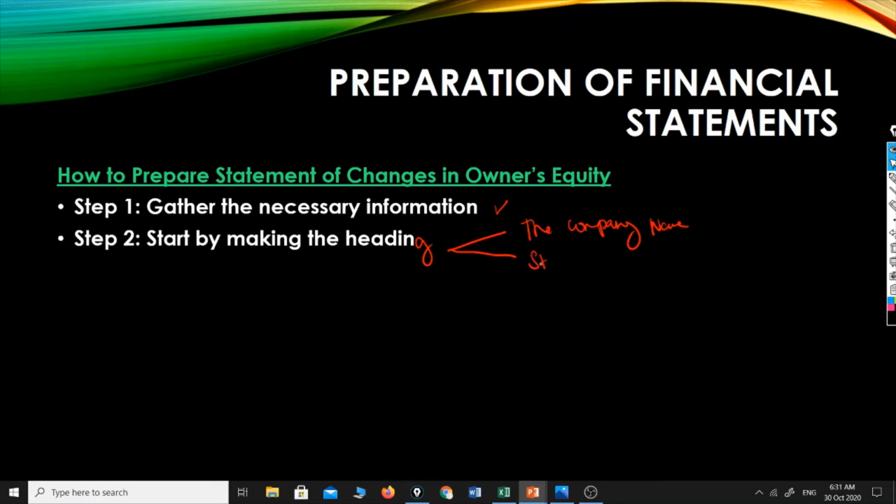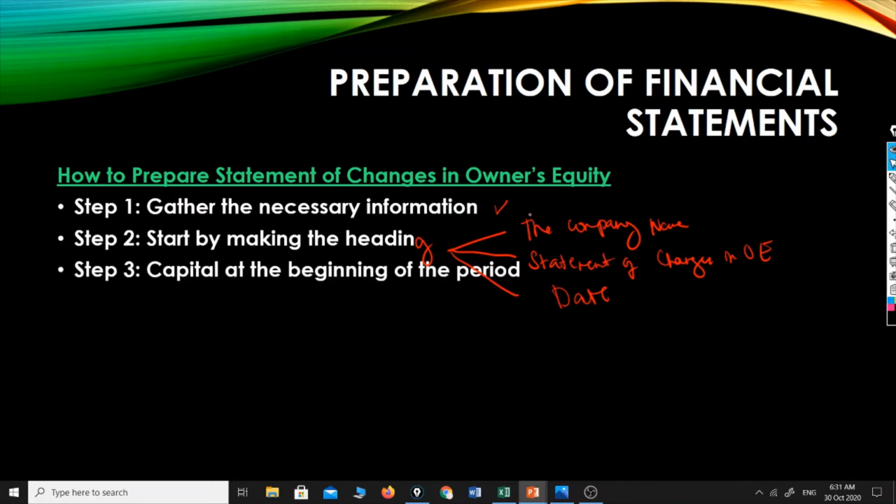Of course, this is the statement of changes in owner's equity. And then, of course, the last line is the date for the year ended. What specific accounting period is it?